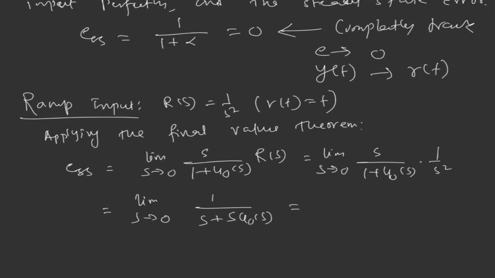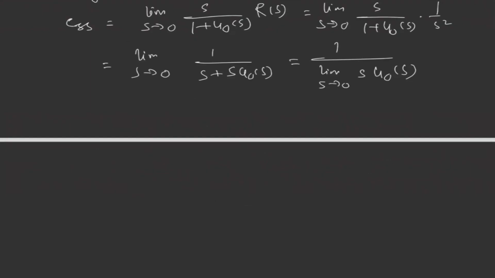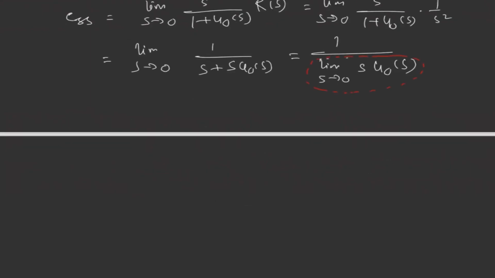If we put s equal to 0 here, the first term, we can get 1 upon limit s tends to 0 of s g naught s. Very interesting. Let's denote this term the static velocity error constant, KSV equal to limit s tends to 0 of s g naught s.